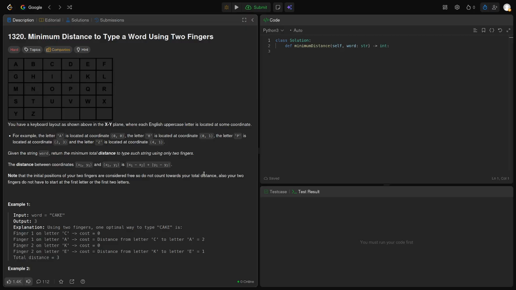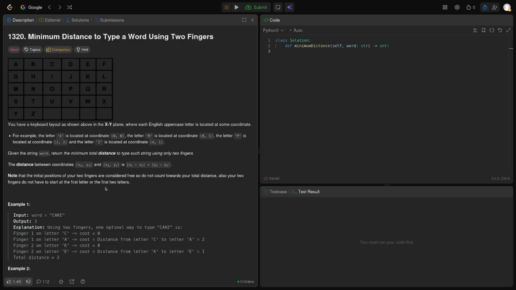Or I have typed the first I letters, ending at position J with the left finger, position K with the right finger, right? And now we have two choices: either move the left finger or the right finger, and then we take the minimum of those two recursive answers. Now, one thing is that this necessitates us to have already placed both fingers.